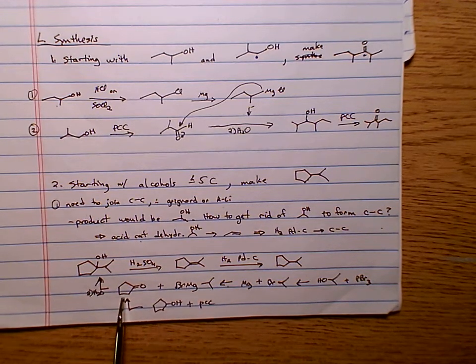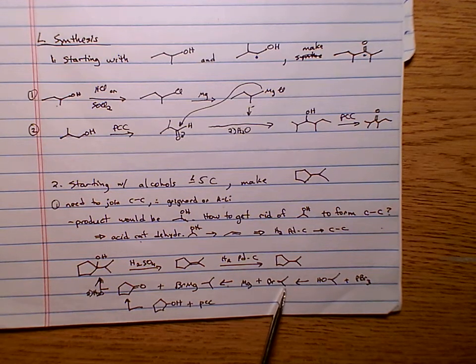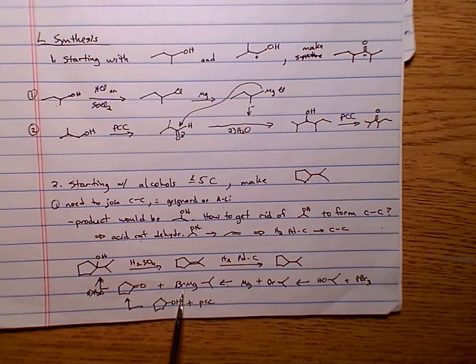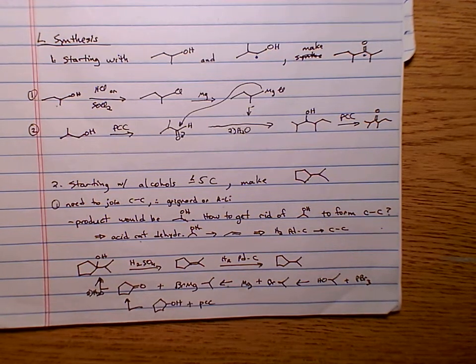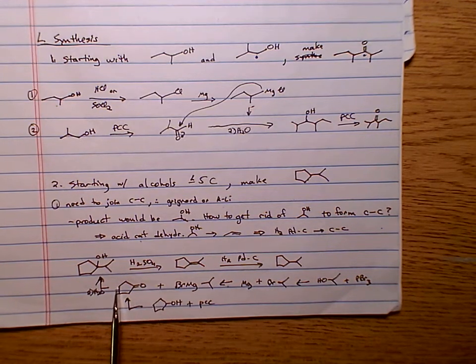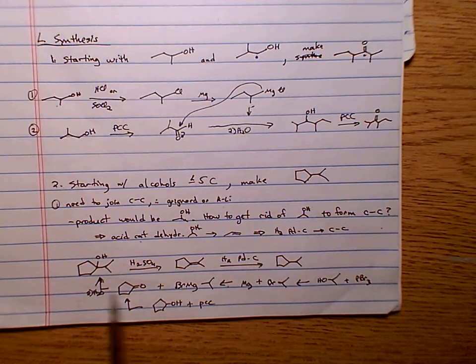We learned about this oxidation in organic 1. We learned about alcohols to alkyl halides in organic 1. Heck, the only reaction that we've learned from organic 2 was making the Grignard reagent and then reacting a Grignard with a ketone. So this little part right here was the organic 2 stuff, and all the rest was organic 1 stuff. So make sure you really know your organic 1 reactions.